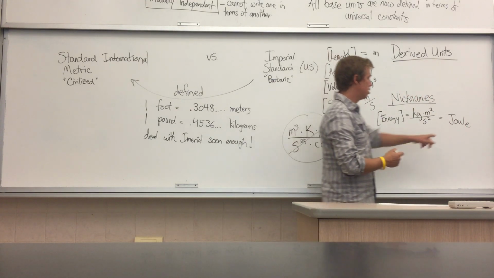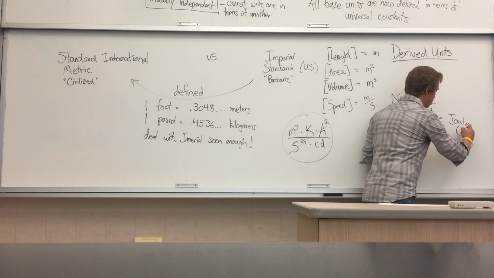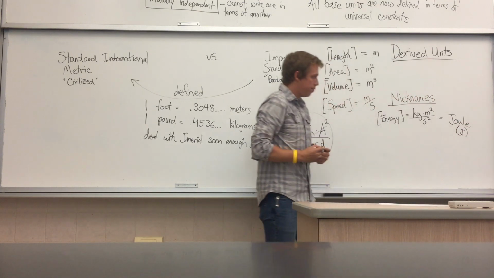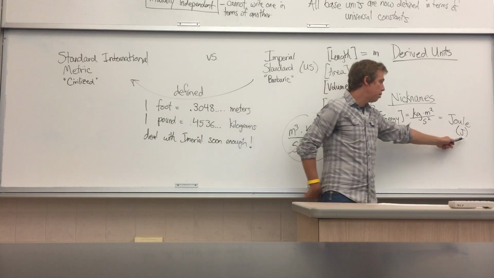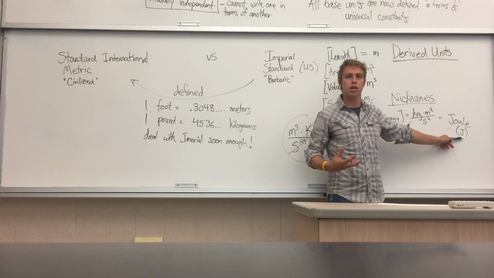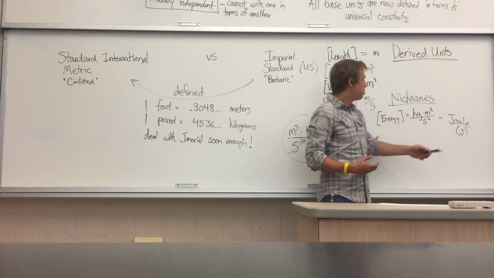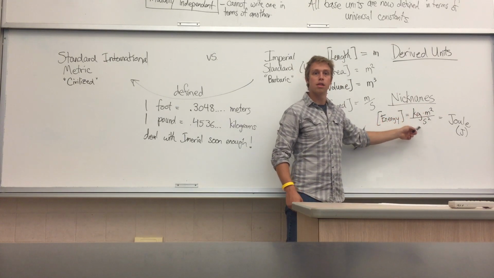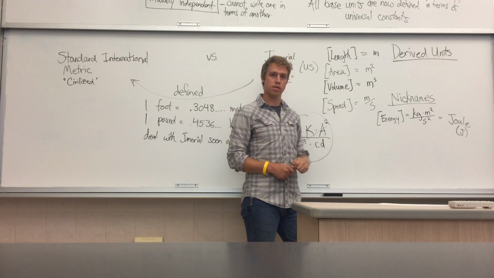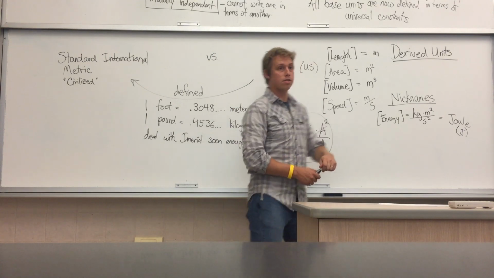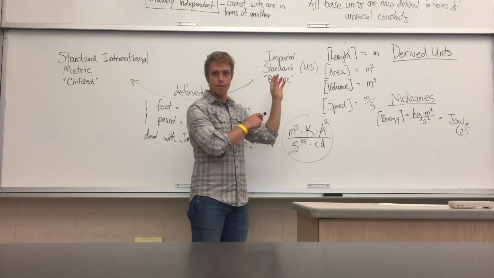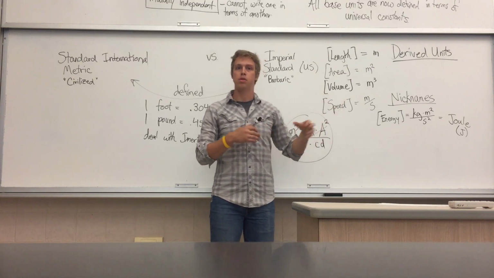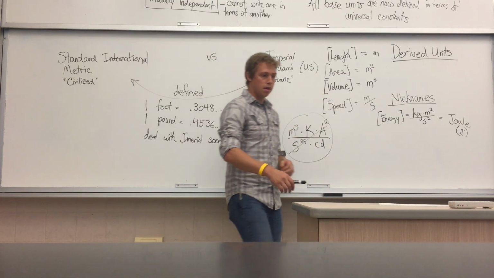And we denote it with just writing a J, joule, J. That's the symbol that we use, but this symbol isn't a base unit in and of itself. It's just a nickname that we're using to refer to this combination of base units. Okay, so that's the difference between these base units and these nicknamed units or derived units.